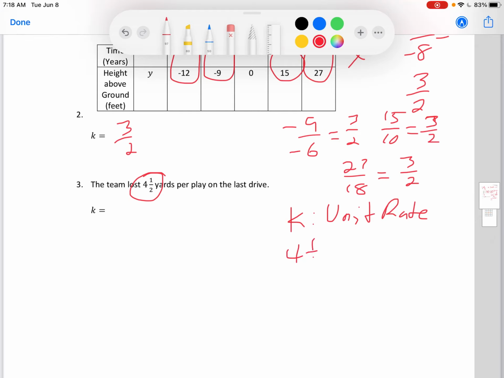So 4.5, 4 times 2 is 8, plus 1 is 9. That makes 9 halves. Now, the team lost, is that positive or negative? It's negative. In this case, it is negative 9 halves. Because of that word lost, we know that it's negative. We know it's 9 halves because 4.5 as a fraction is 9 halves.